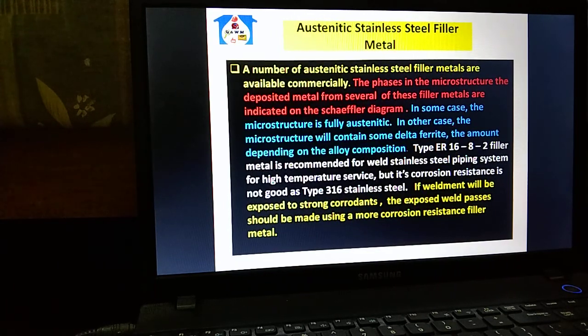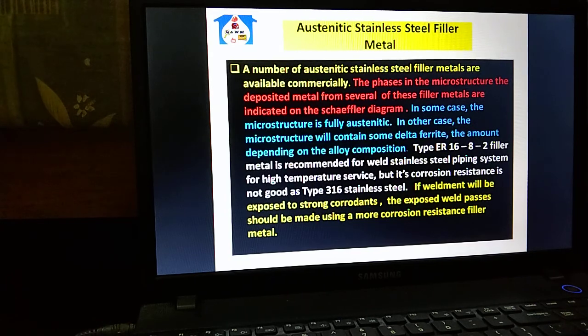Type ER16-8-2 filler metal is recommended for welding stainless steel piping systems for high temperature service, but its corrosion resistance is not as good as type 316 stainless steel.